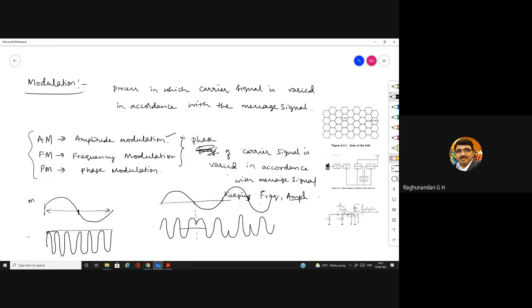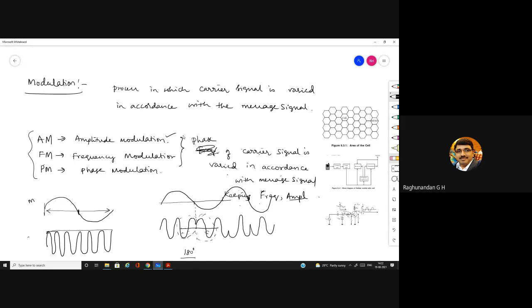So when you take these two signals, this signal and this signal, what do you observe in these two? Here, between these two cycles, they are having a phase difference of 180 degree, because when the cycle is moving like this, the next cycle has to start from the negative, but it is starting from positive. So we tell that this cycle and this cycle are having a phase difference of 180 degree.